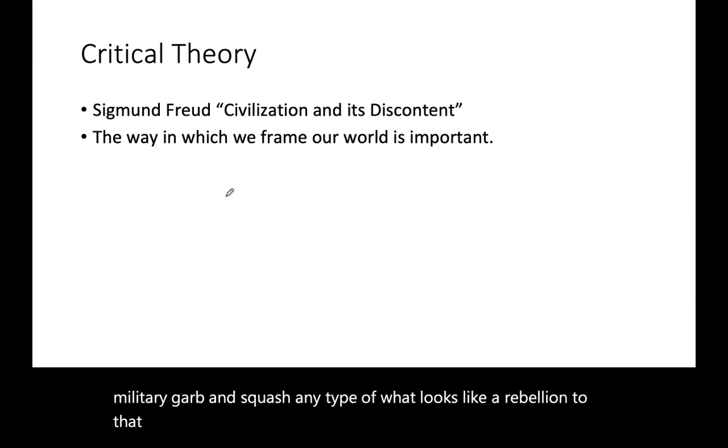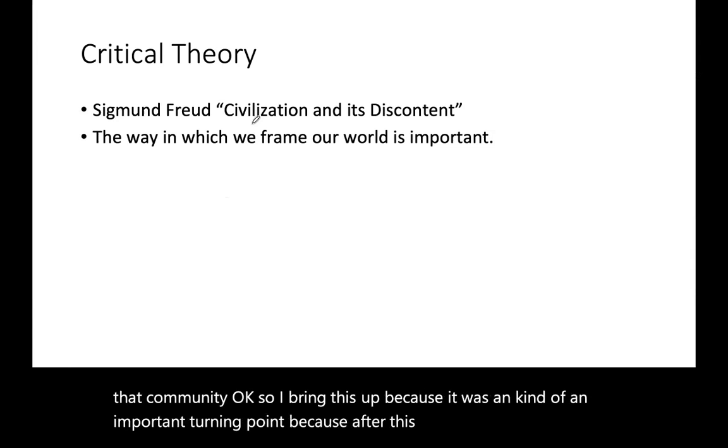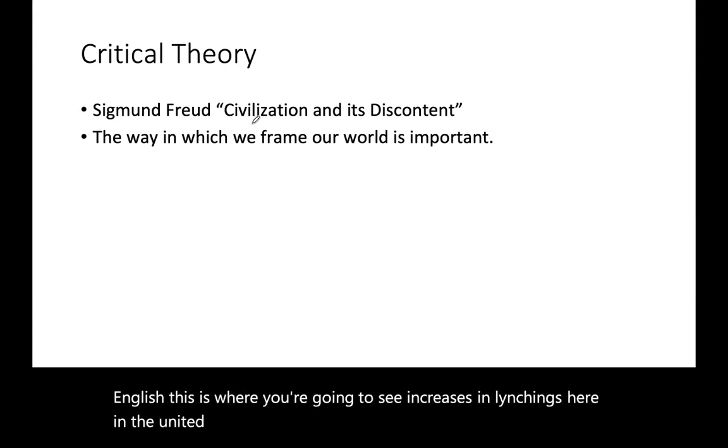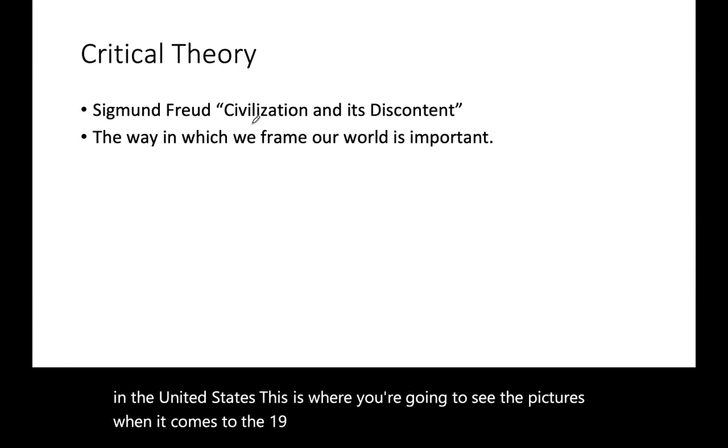Okay, so I bring this up because it was kind of an important turning point, because after this was translated into English, this is where you're going to see increases in lynchings here in the United States. This is where you're going to see the pictures from the 1960s of police officers spraying what were peaceful protesters.